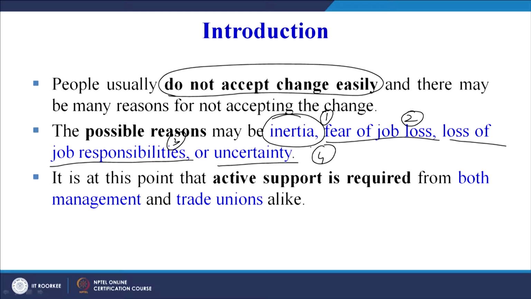So there can be n number of reasons that people will resist the change, but we have to be persistent enough to ensure that whatever efforts we have put in, whatever technical commitment we have shown towards development of a better method, it bears the fruit, and all these issues are addressed with the workers, the supervisors, the managers, the trade unions.